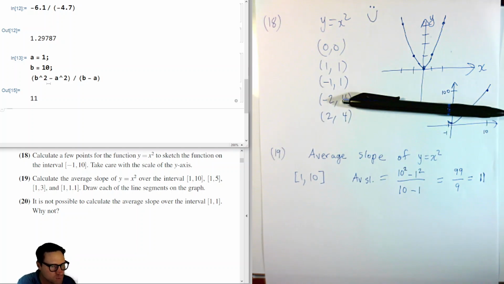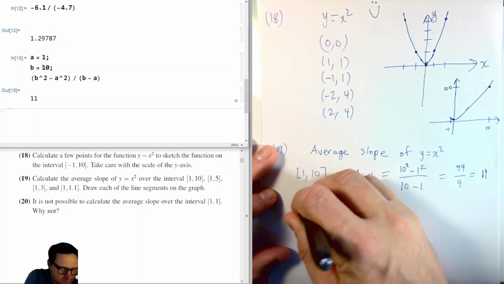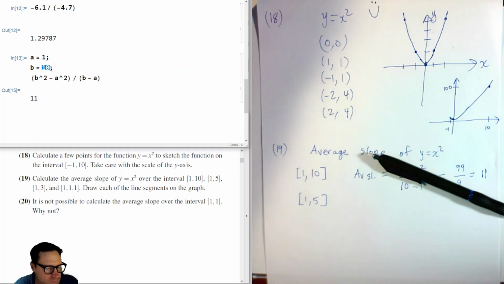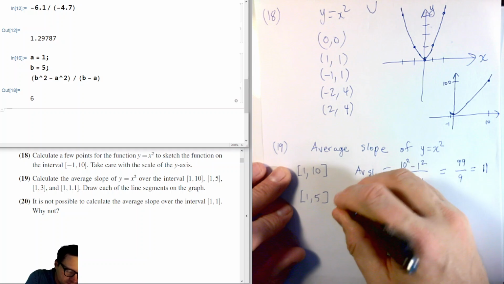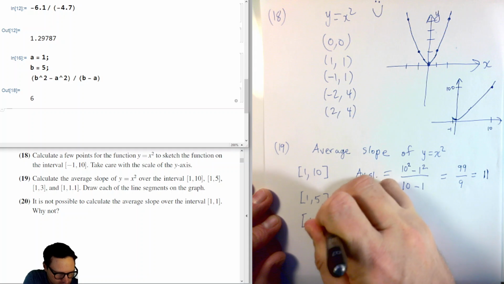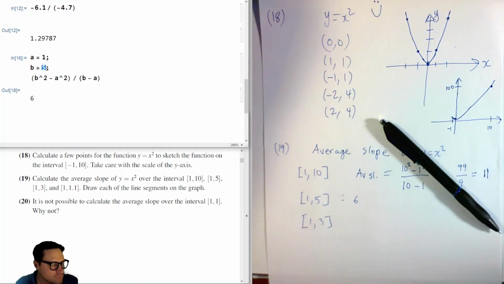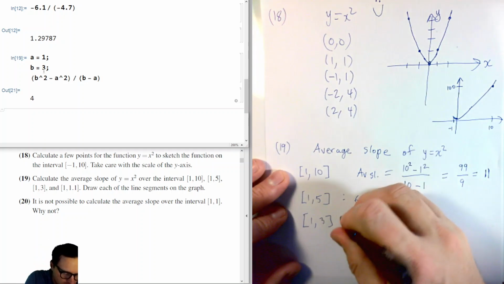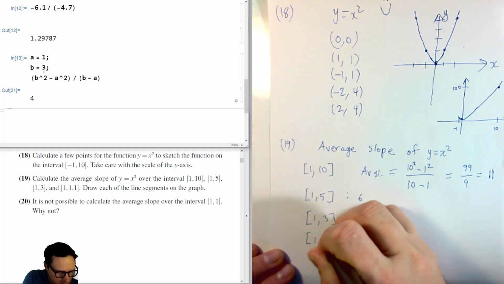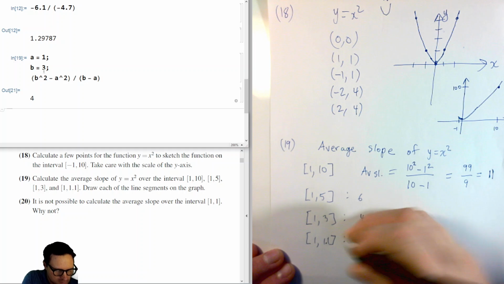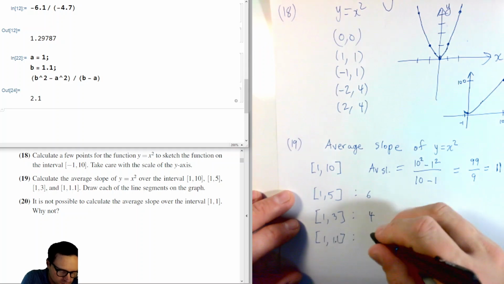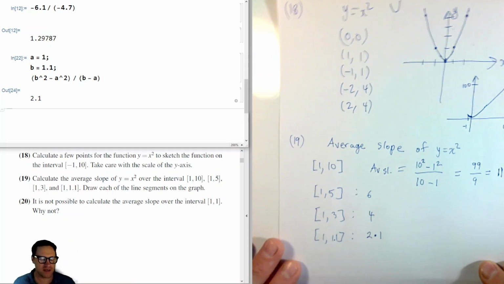So then let's do the same thing with 1 and 5. So with 1 and 5, we're going to get 6. And then with 1 and 3, we're going to get 4. And then finally with 1.1, we are going to get 2.1.